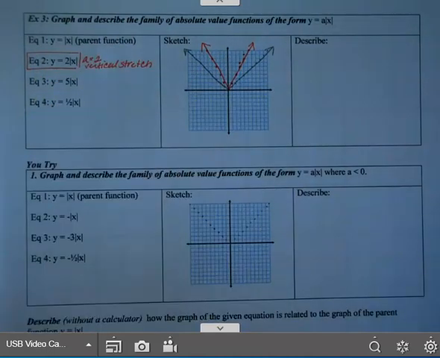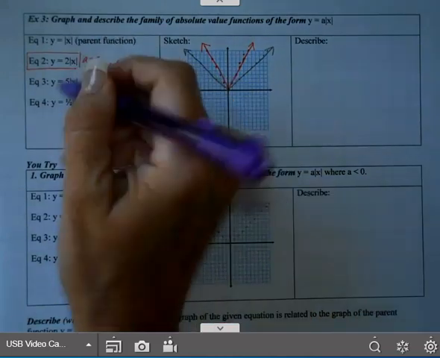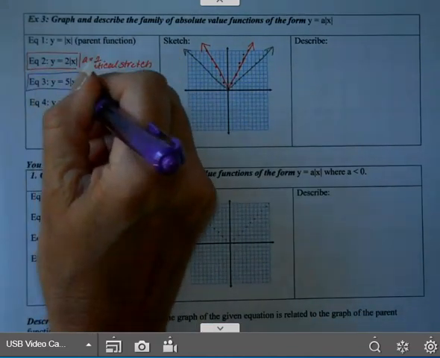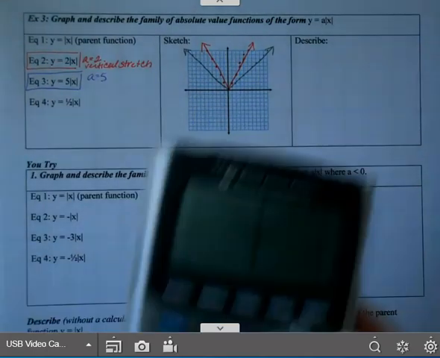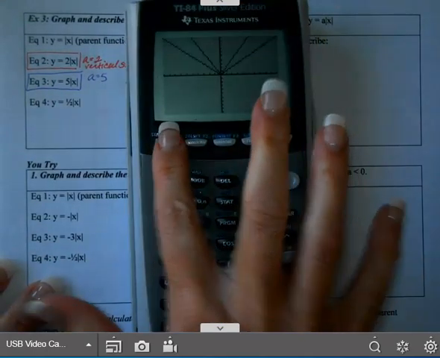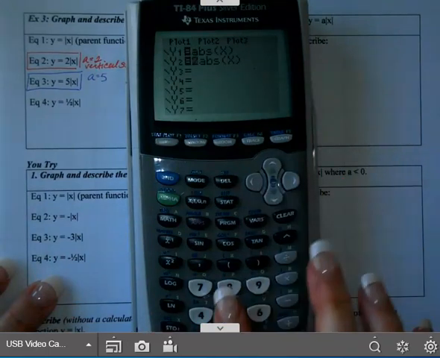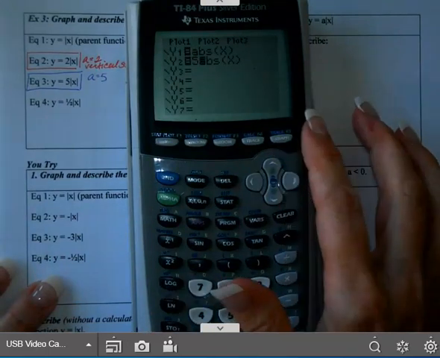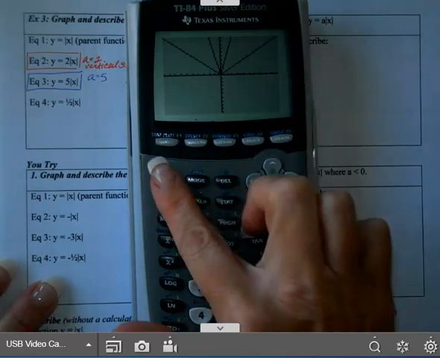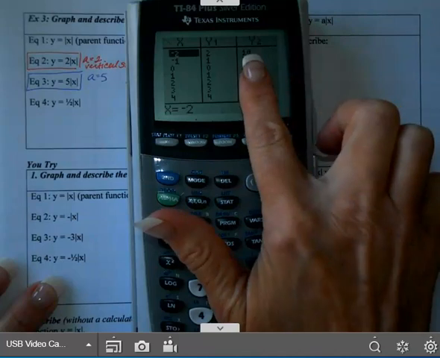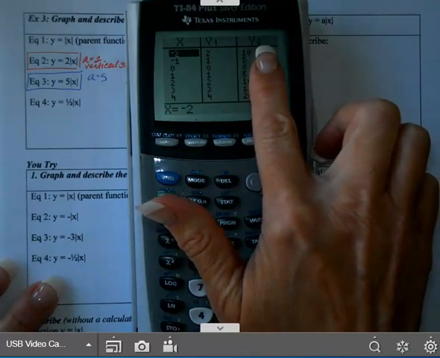For my second graph, and I'll do that one in purple, my A equals 5 this time. Let's go ahead and change that on our calculator. And that's even skinnier. If I go to a table on this, I'm looking at my y2, that's my second graph.